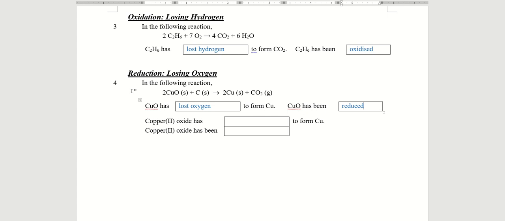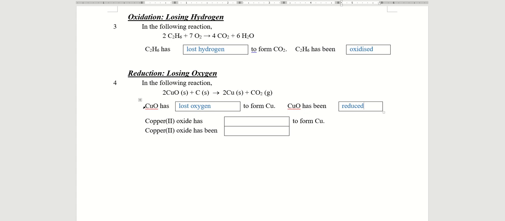Right? Now, let's recap. Copper 2 oxide has an oxygen. After the reaction, no oxygen. So copper 2 oxide has lost oxygen, and therefore copper 2 oxide has been reduced.